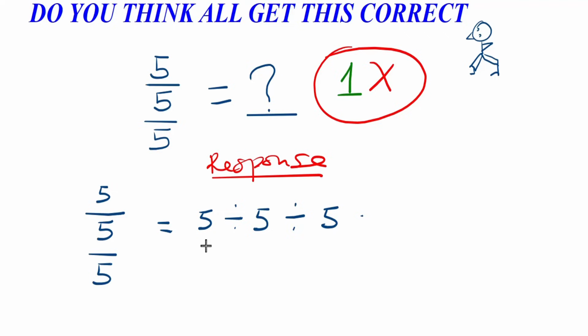Then if we continue simplifying the one on the right hand side here, simply it means that this is equal to 5 divided by 5, which gives us 1, then divided by 5.